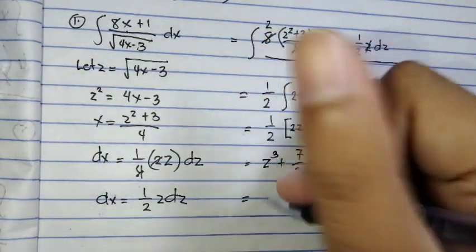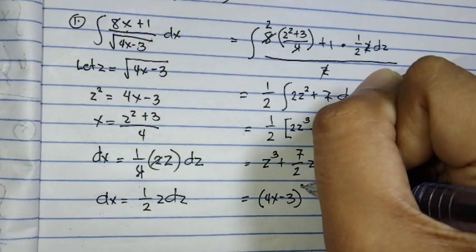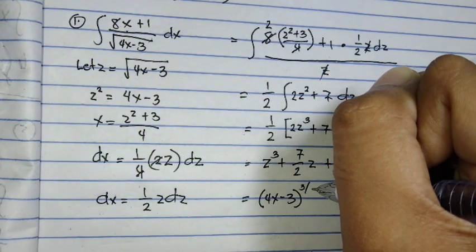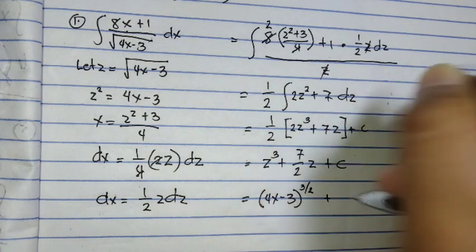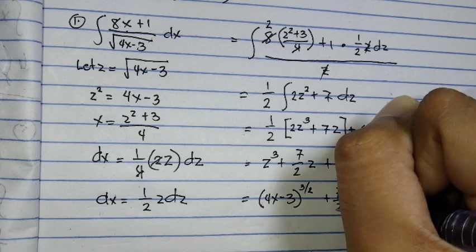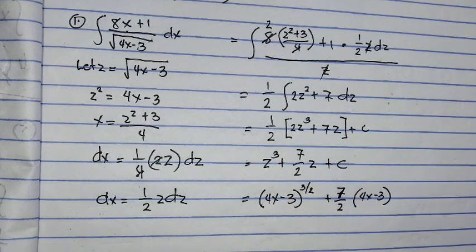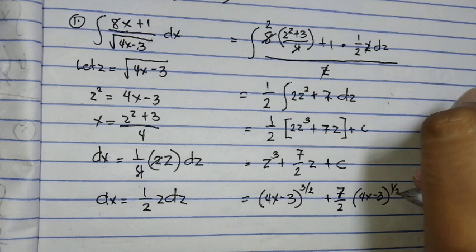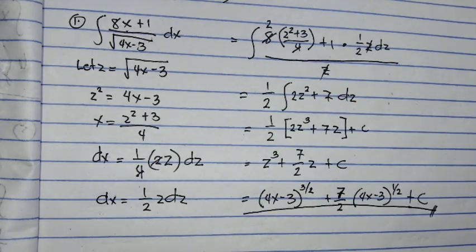So this would be (4x minus 3) to the 3/2, because this is a square root, right? So we replace that into this form, plus 7/2 times (4x minus 3) to the 1/2, plus c. So this is the final answer.